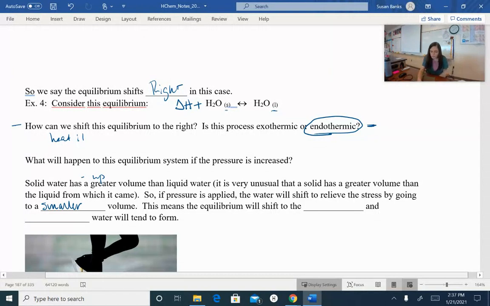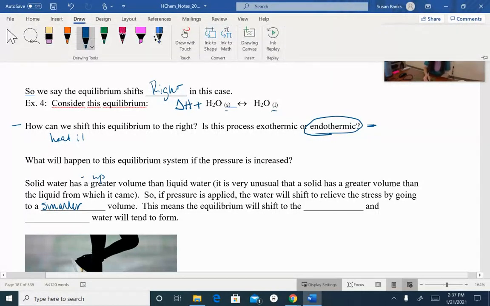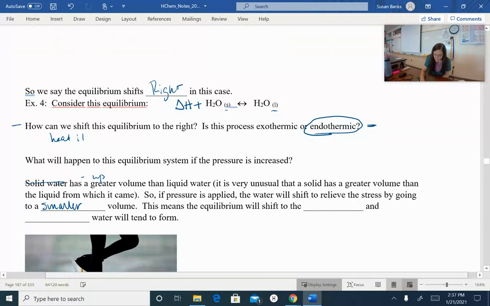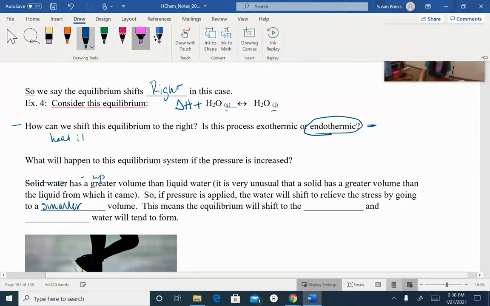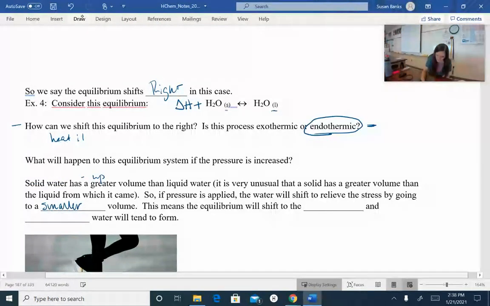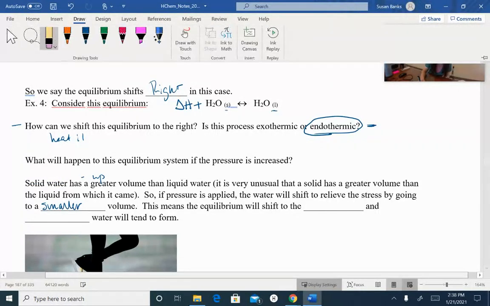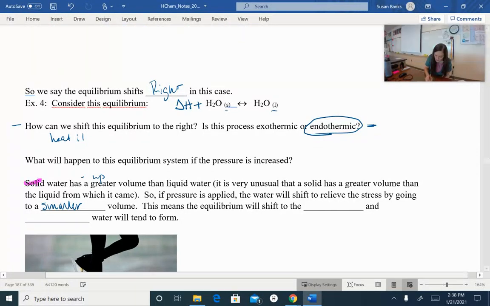Okay, so remember that solid water has a greater volume than liquid water. So if I put pressure on ice, it's going to go to a smaller volume.